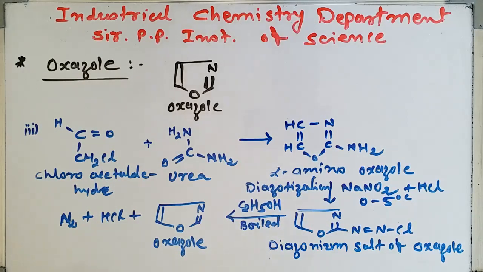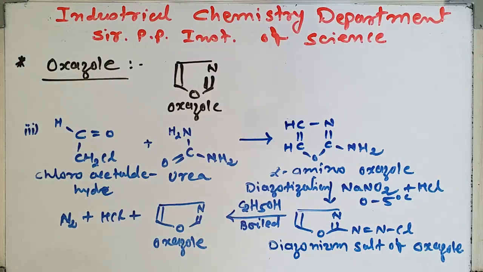So this is the third preparation of oxazole. Oxazole is prepared by the reaction between chloroacetaldehyde and urea.